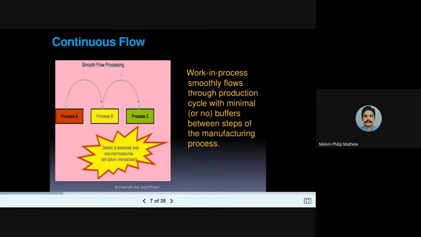To ensure such a breakdown does not happen, we will be doing periodic maintenance. If we are doing periodic maintenance, the breaking down of the equipment will be avoided. Such a way of analyzing and doing periodic maintenance also ensures continuous flow. So that is the function of continuous flow.